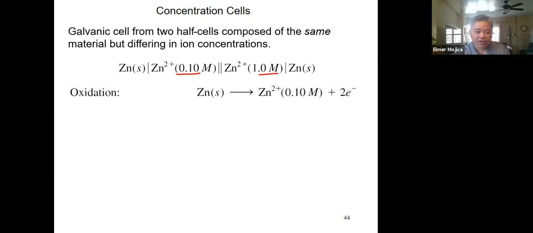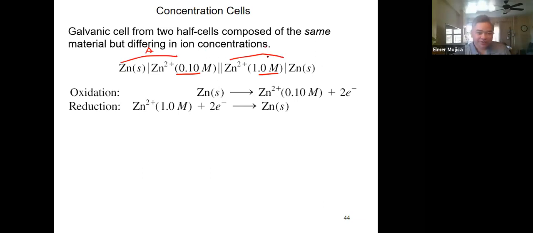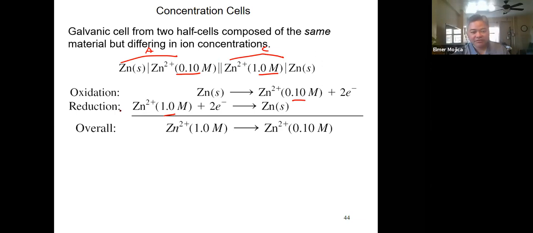Okay? So how are you going to distinguish which one is oxidized, which one is reduced? This is your anode and this is your cathode. The anode has the lower concentration, the cathode has the higher concentration. If you do a calculation on this one, this is the reaction. You cannot cancel them out because they have different concentration.